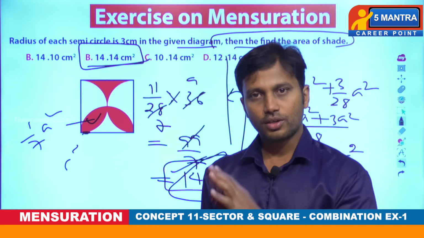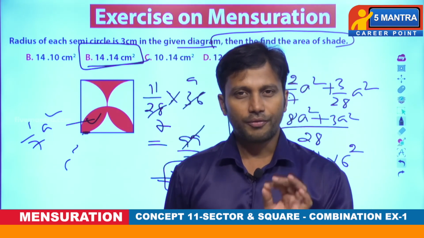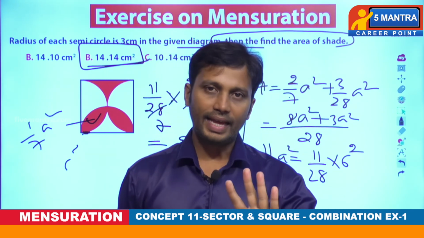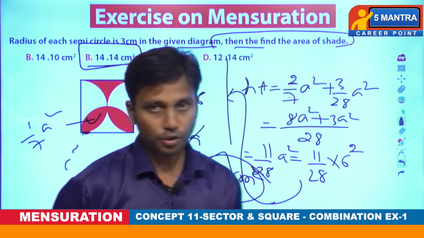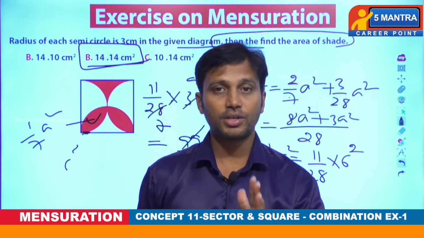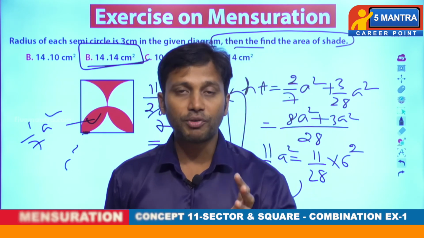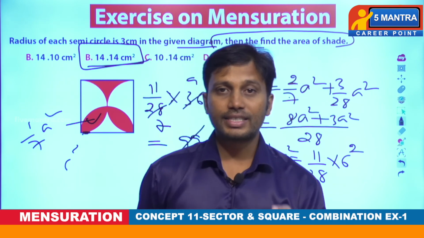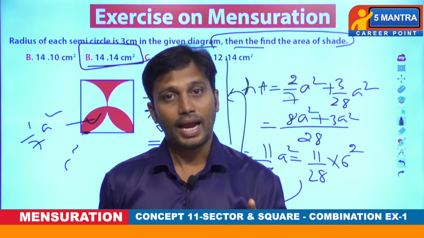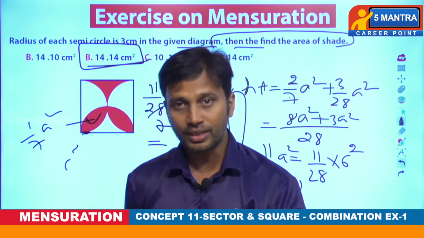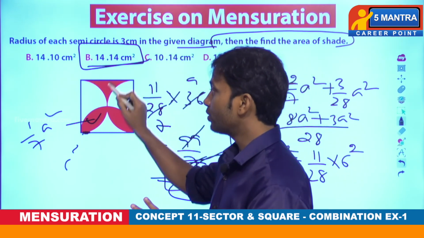So this is also one of the cases. Now if you carefully observe, for the first two problems we applied the shortcut as it is. For the next two problems we haven't applied that as it is, because the complete version of the diagram is not given. So we have divided the shaded area into 4 equal parts and the unshaded area into 4 equal parts, and each part's area we are using according to the given portions of the diagram.